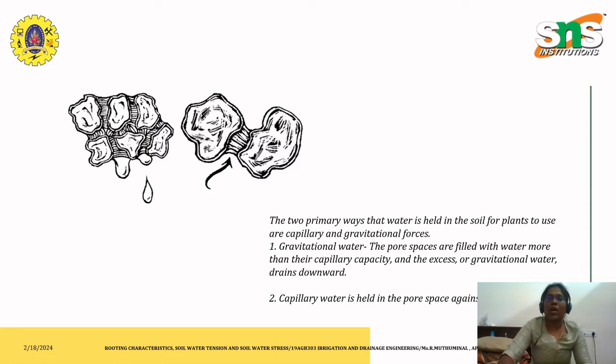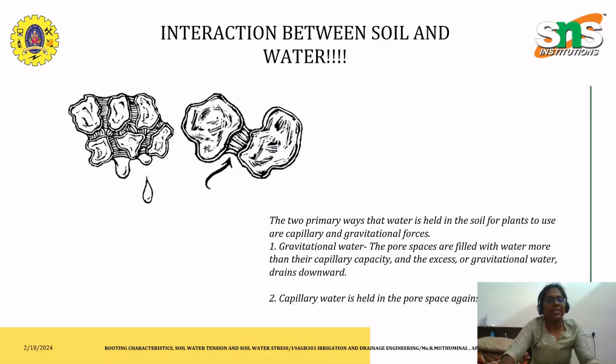The water in excess quantity drains away into the groundwater table downwards due to the gravitational force. That is what we call gravitational water. These are the two primary ways that water is held in the soil for plants to use.